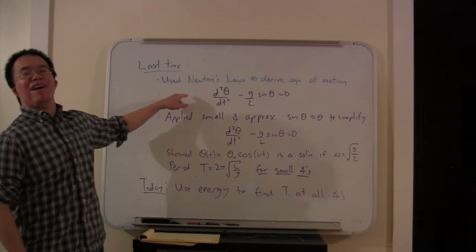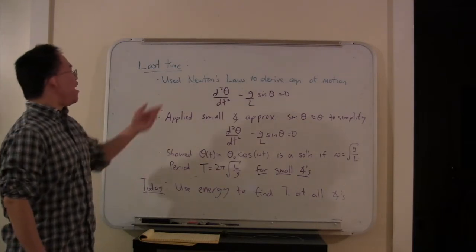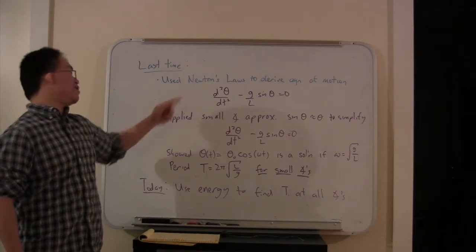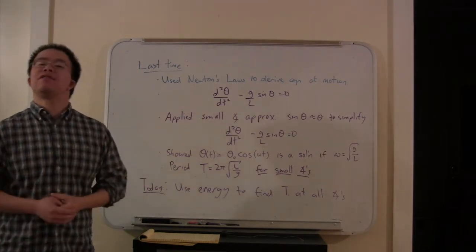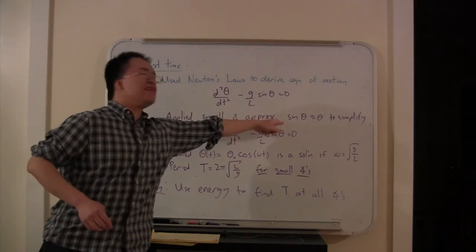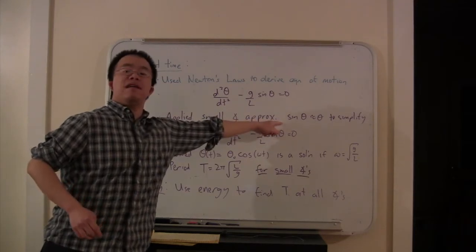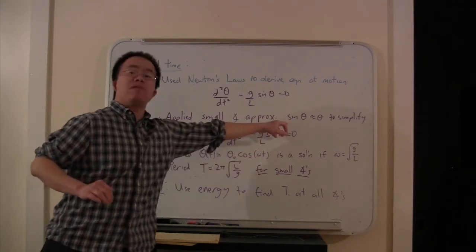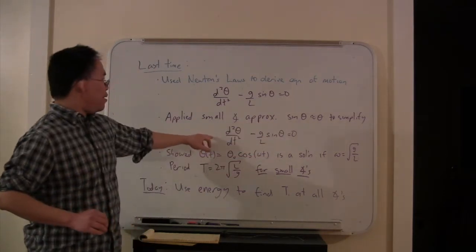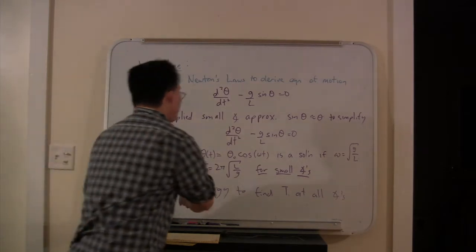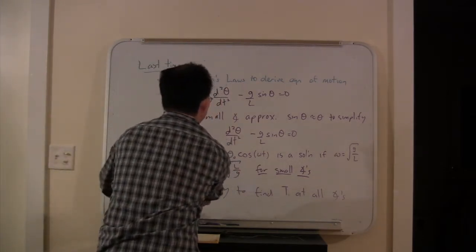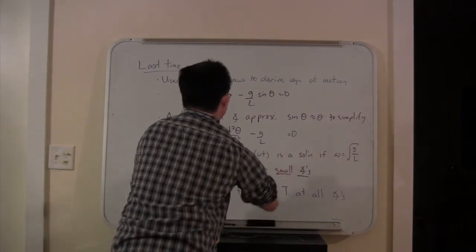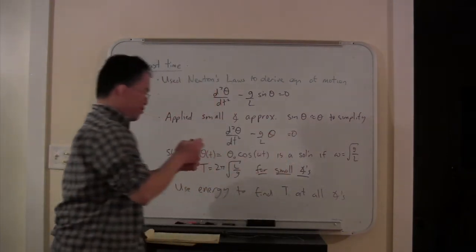So after we applied Newton's laws, as I mentioned, we can't solve this differential equation exactly. So we applied the small angle approximation, namely sine theta is approximately equal to theta for theta much less than 1 in radians, to simplify this to d squared theta dt squared equals minus g over L theta.